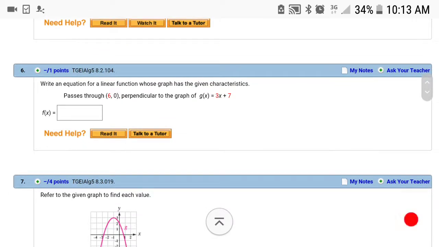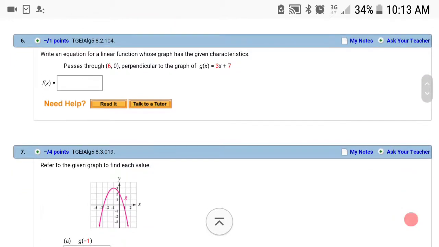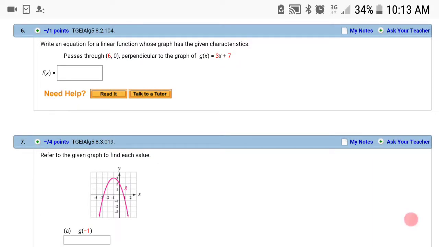Number 6, I almost always put problems like number 6 on exams because they cover so much. They make sure you know how to find the slope of the line and the equation of a line when you know the slope and a point on it.